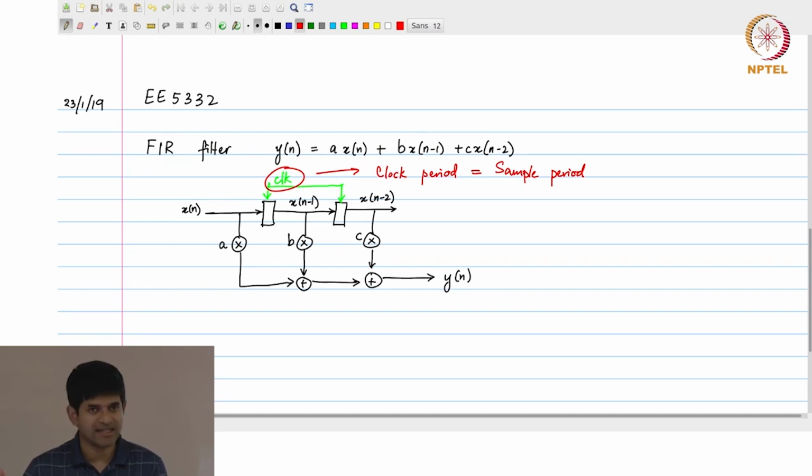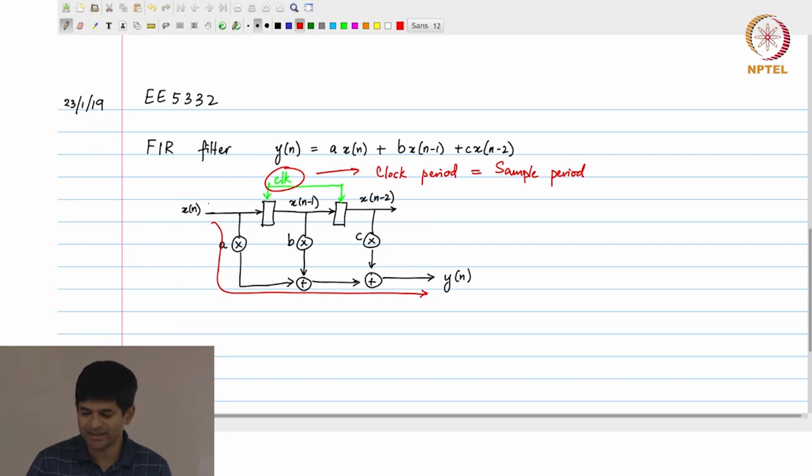So then asking what is the highest rate at which this can sample is the same as asking what is the highest clock frequency that can be used with this circuit. And what determines that clock frequency? The critical path through this circuit, right? The critical path being the longest set of combinational elements present in this circuit, which effectively comes down to this path over here, okay?